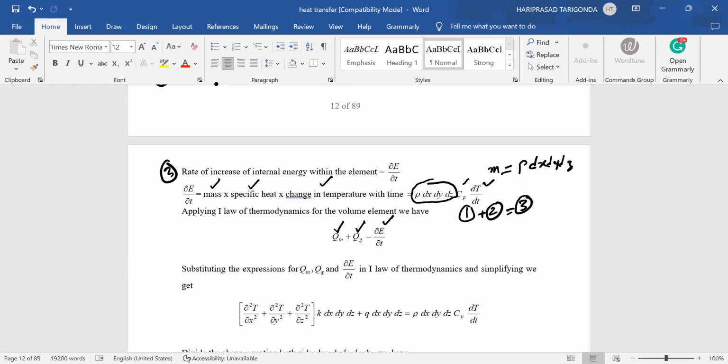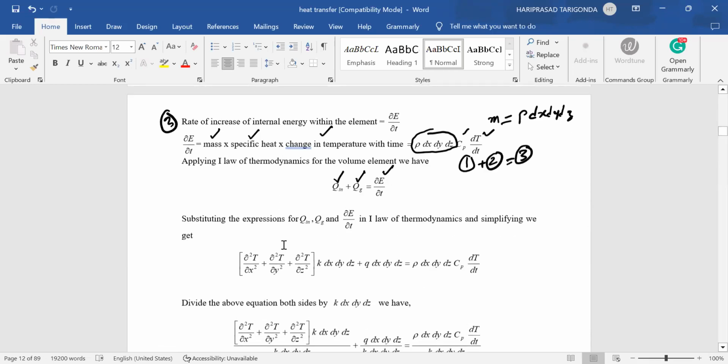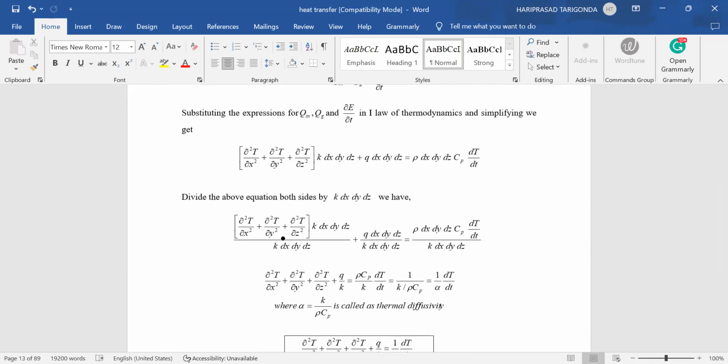Substituting all these values, we get (∂²T/∂x² plus ∂²T/∂y² plus ∂²T/∂z²) k dx dy dz as the first term, q into dx dy dz as the second term, and this is the third term.